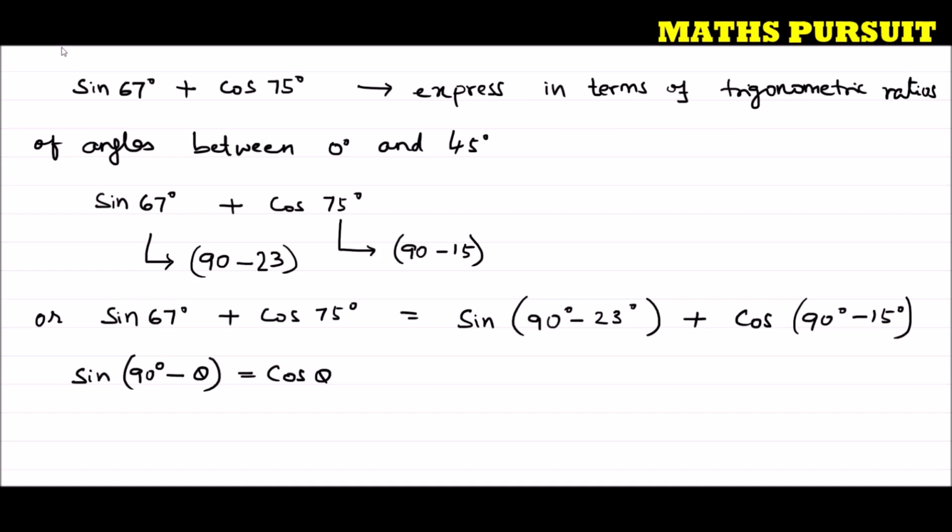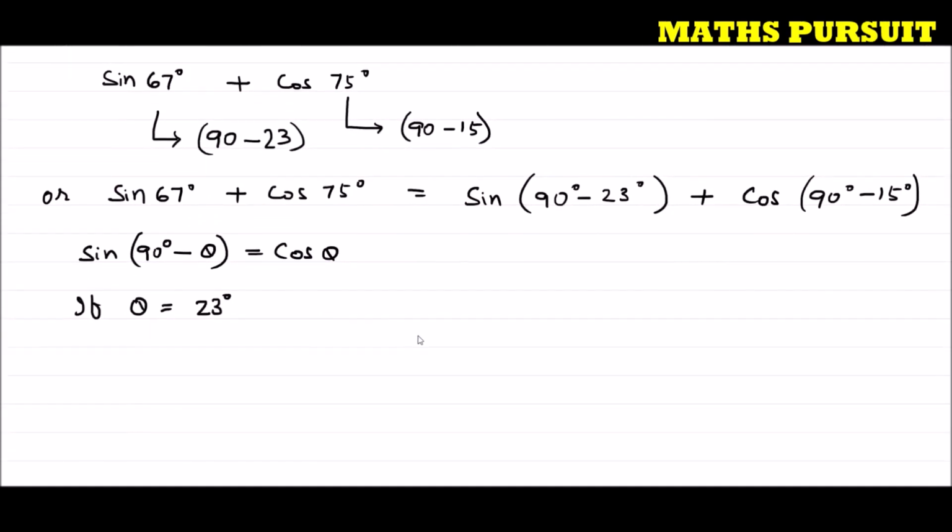If I consider theta equal to 23 degree, then I can write sine of 90 degree minus 23 degree is equal to cos 23 degree.